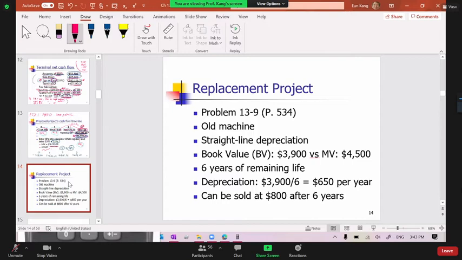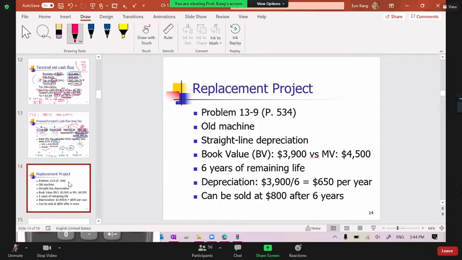Straight line, right? Straight line means depreciable base divided by number of years. It has 6 years of remaining life. Its current book value is 3,900, and it can be sold on an internet auction site for 4,500 at this time.